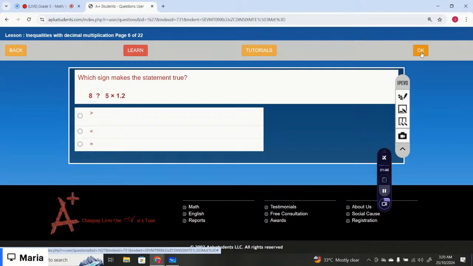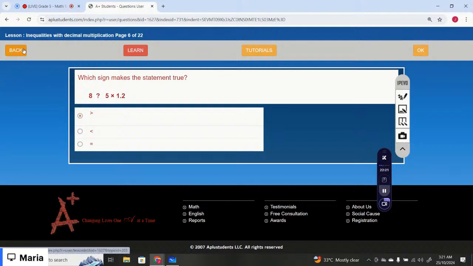The correct option is greater. 8 is greater than 5 times 1.2.